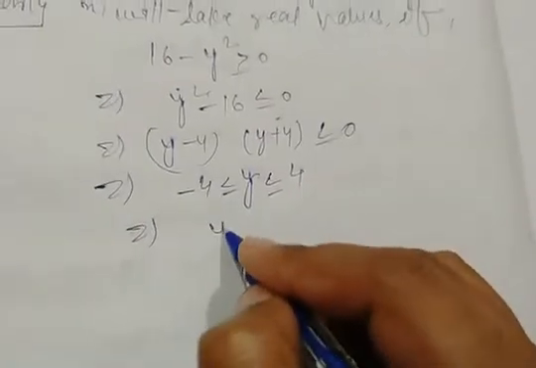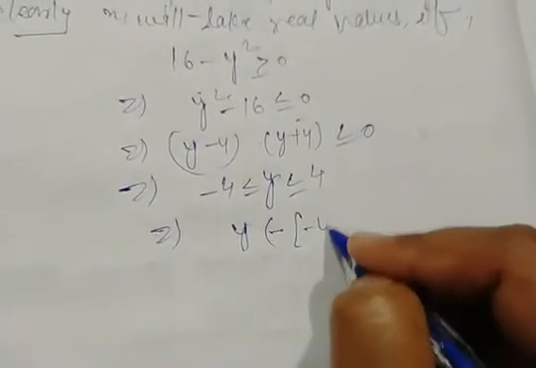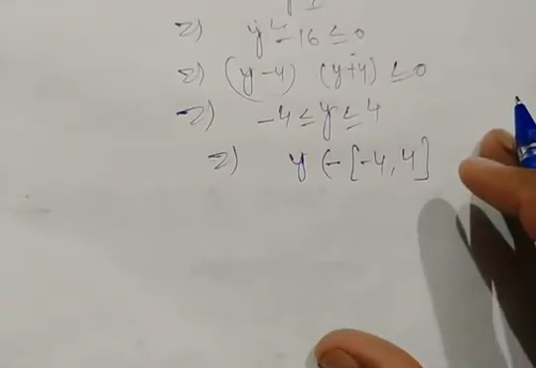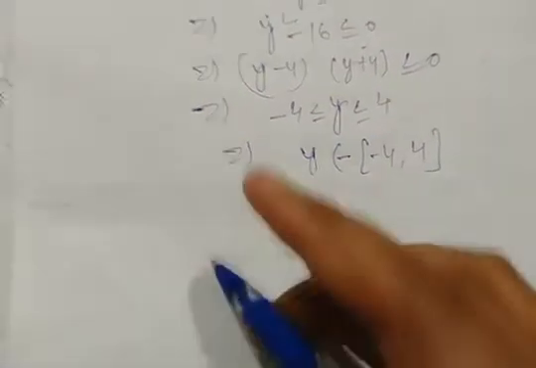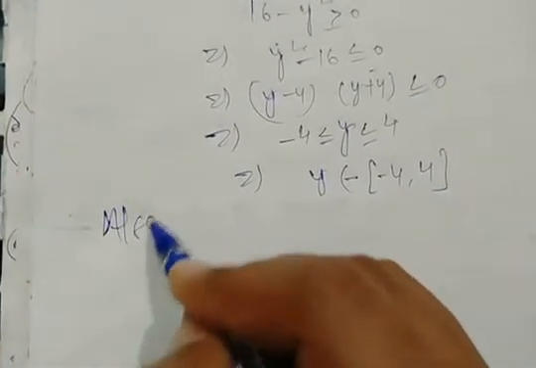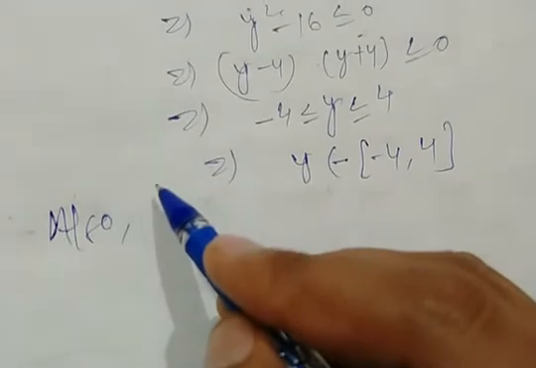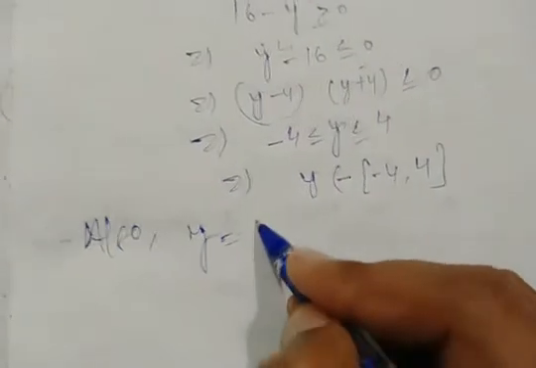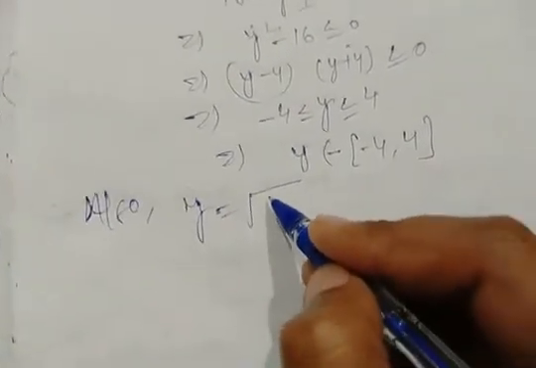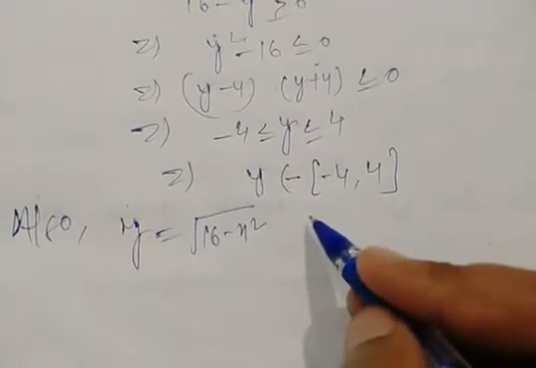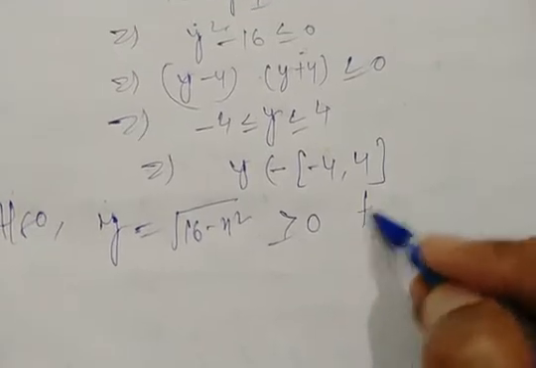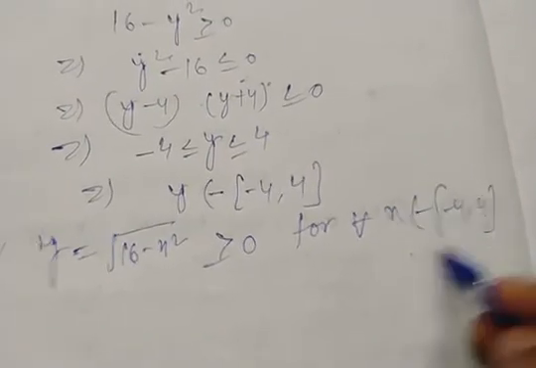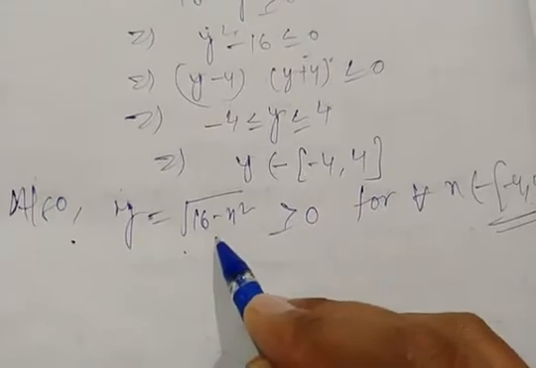This implies that y belongs to the closed interval minus 4 to 4. Also y is equal to under root 16 minus x square is greater than or equal to 0 for all x belonging to minus 4 to 4.